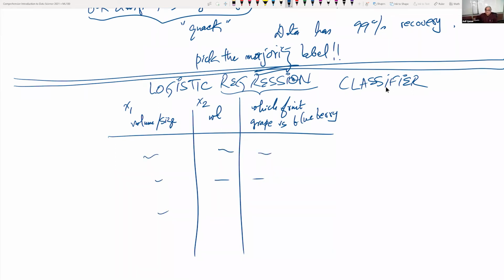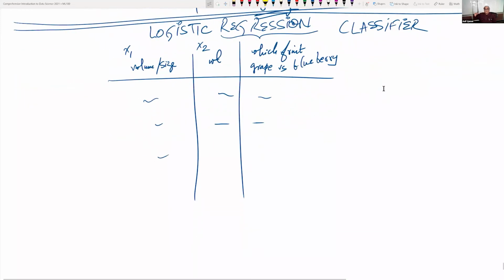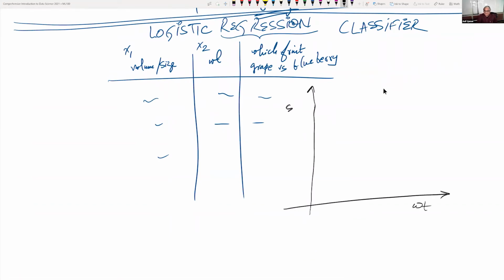Now, because it's two-dimensional, let us plot it out. What are the two features? Weight and size. And let us make the blueberries. Blueberries are tiny. They will exist as data points somewhere like this. Does this look plausible, guys? Something like this.